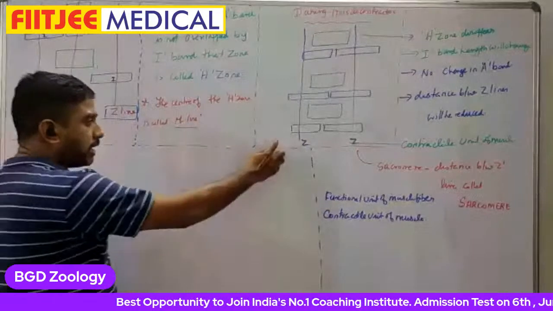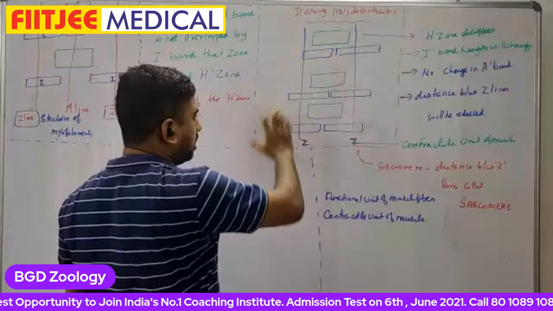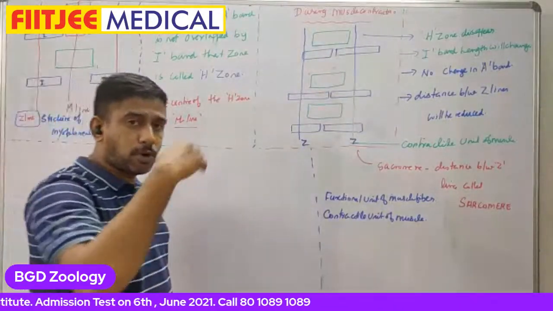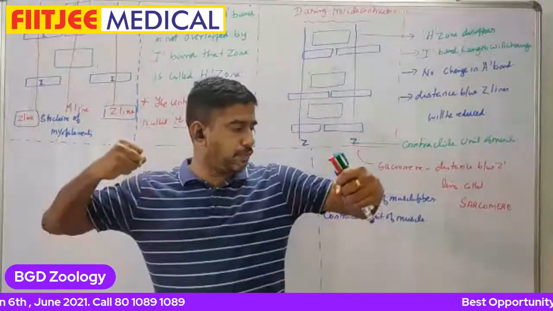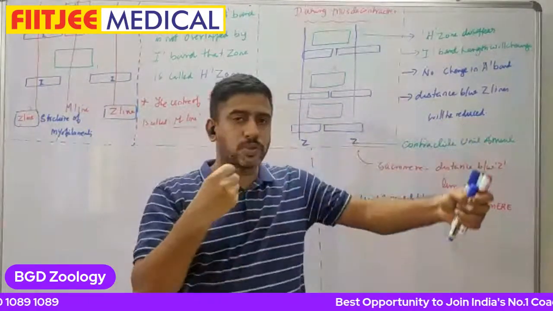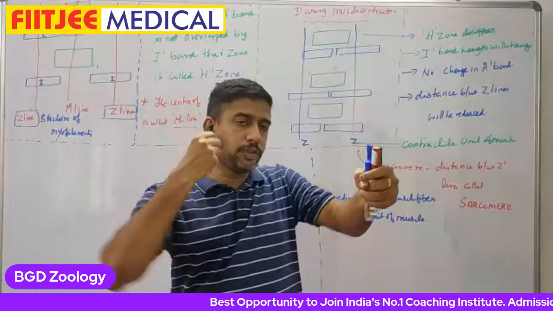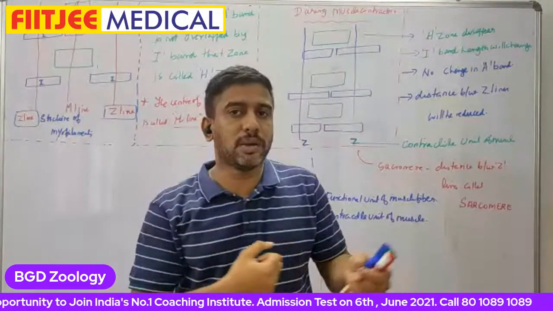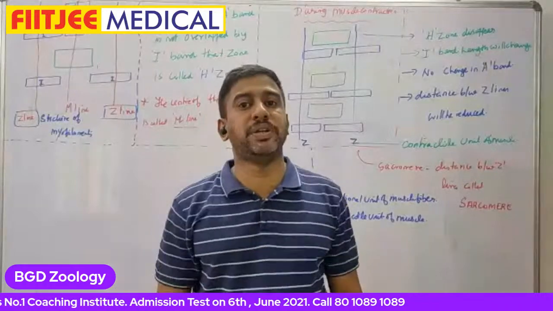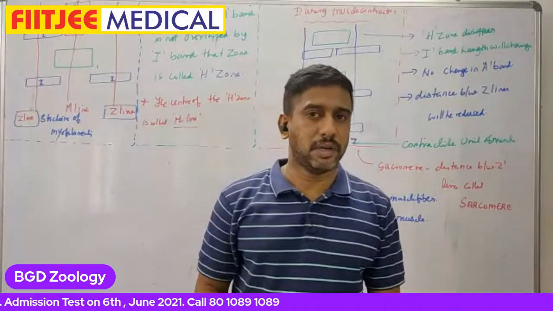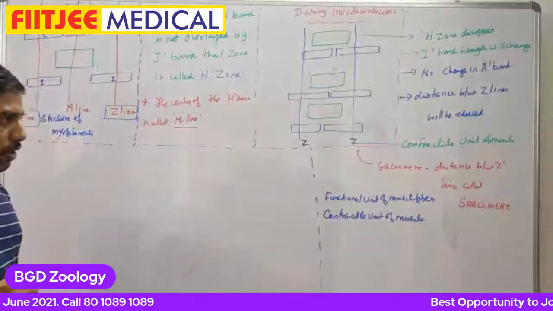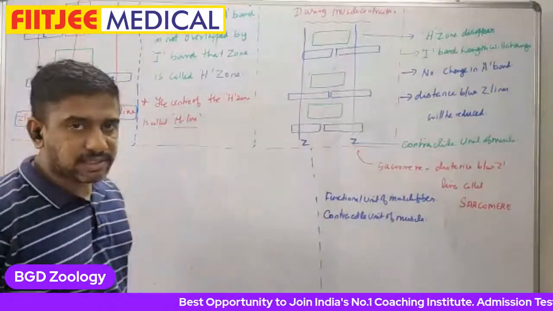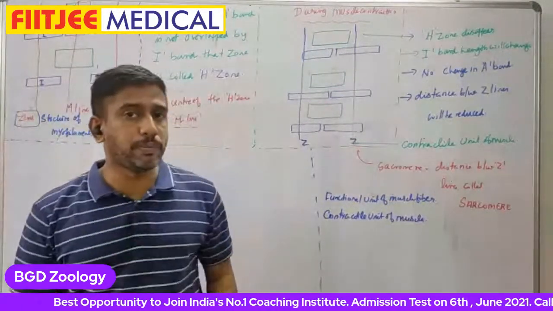Actually, whatever contraction happens in this contractile unit, the sarcomere, that force has to come up. See, if you punch someone with less force, and if you punch them with more force, the intensity of the punch will be different. Am I right? So if I punch someone like this, or if I punch very intensively, the punch force will be different.